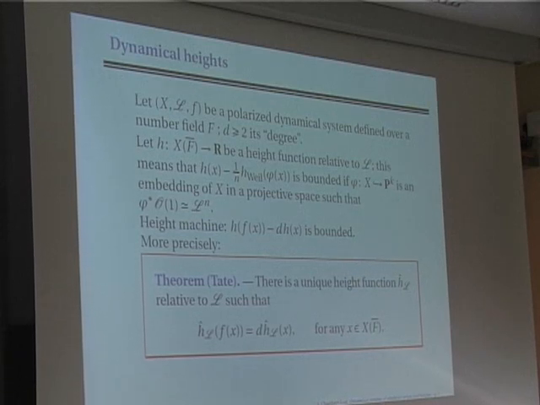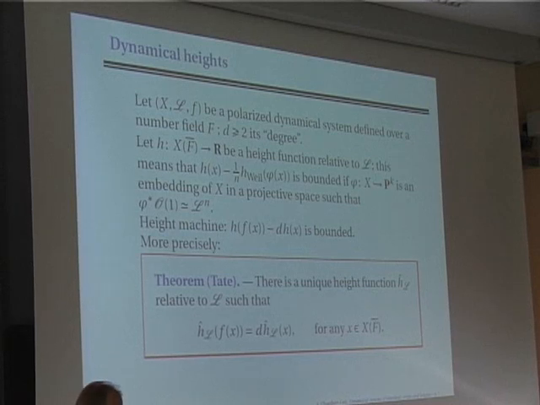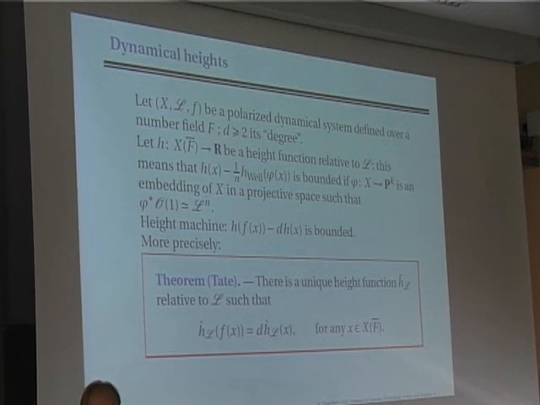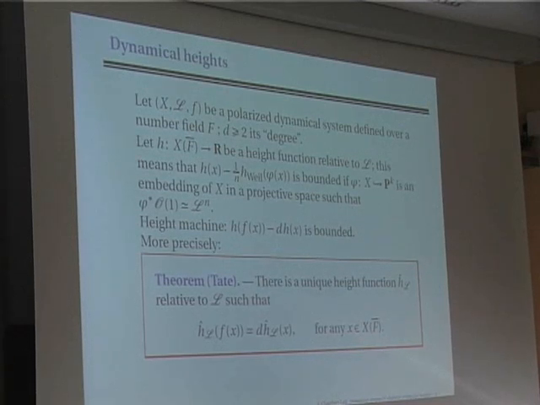And the machinery of heights tells you that the difference of the height of f of x and d times the height of x is bounded when x varies along all algebraic points of the variety X.